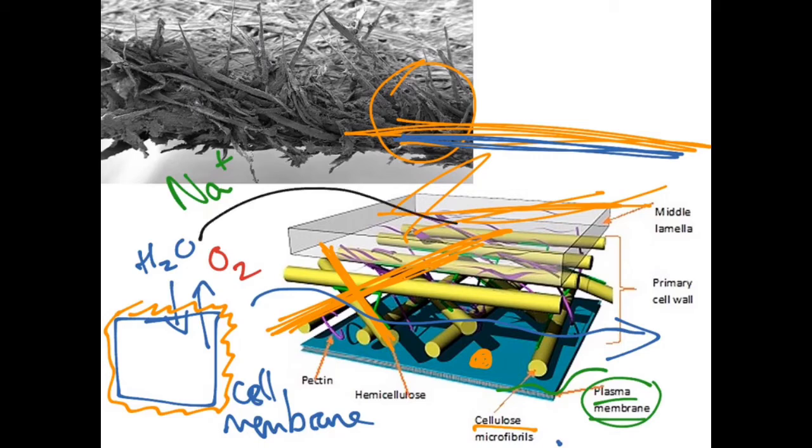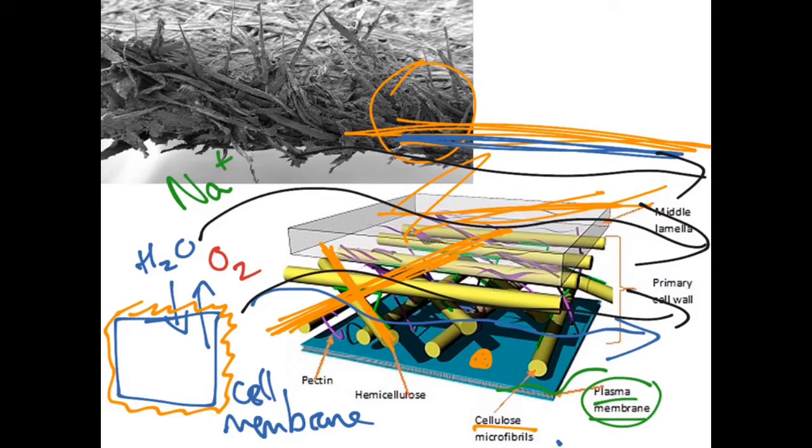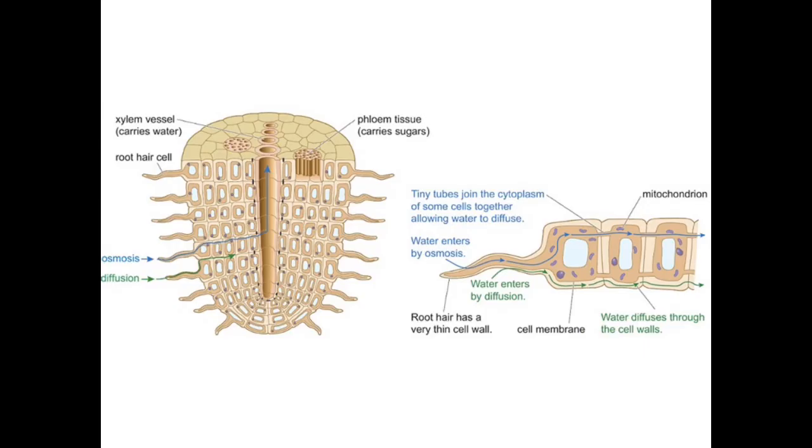You've got this big space in between the two cells, which allows things to just flow before they go into the cell. So the cell wall doesn't control what enters and leaves, and it has gaps in which water can actually kind of soak into without actually passing the cell membrane to go into the cell.